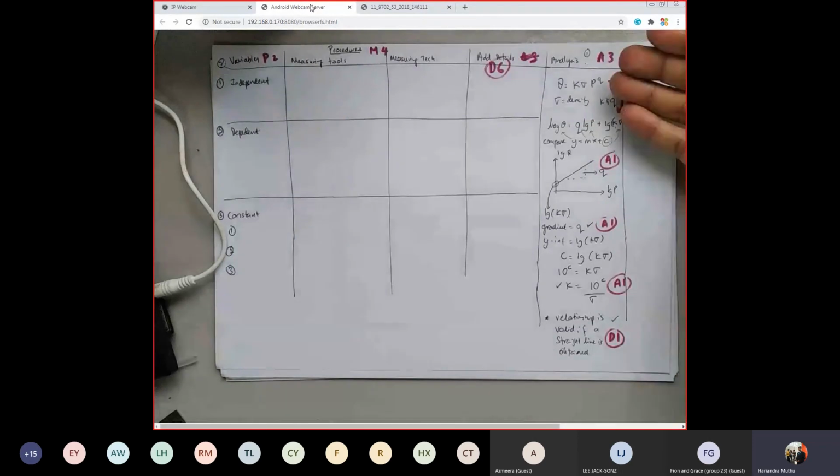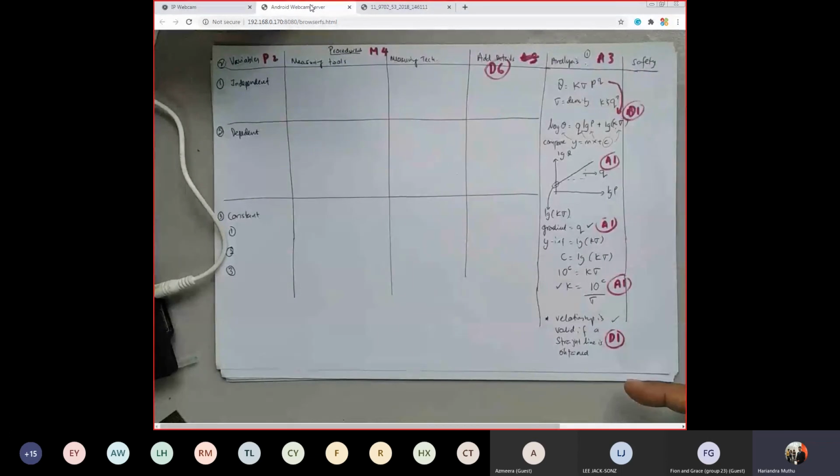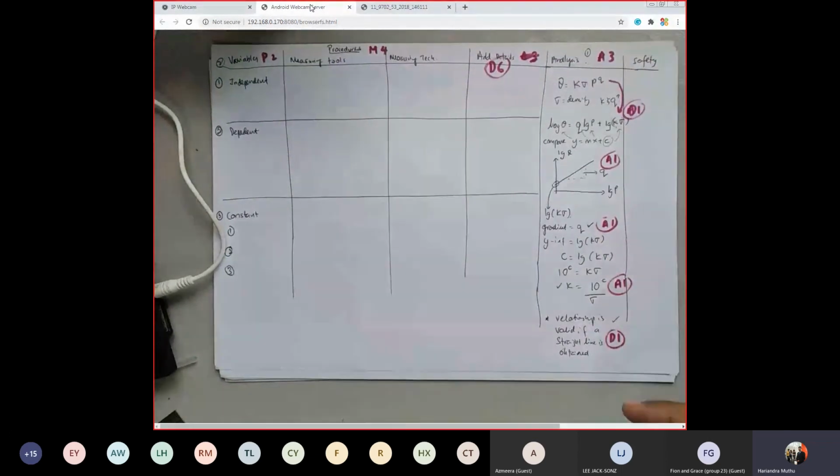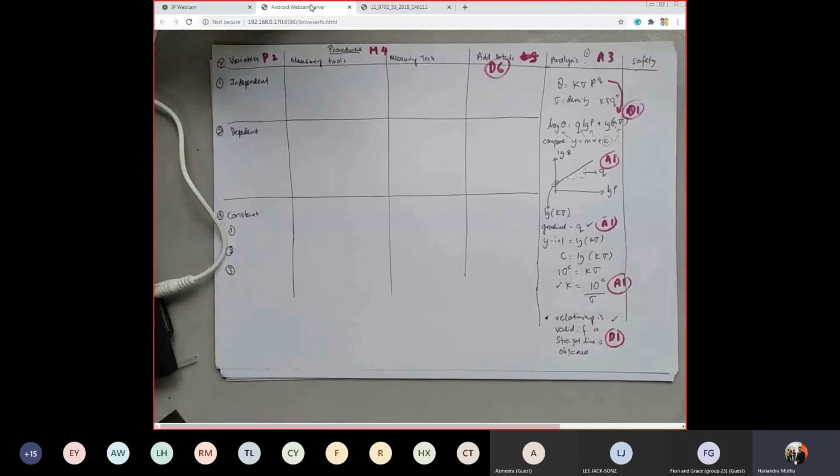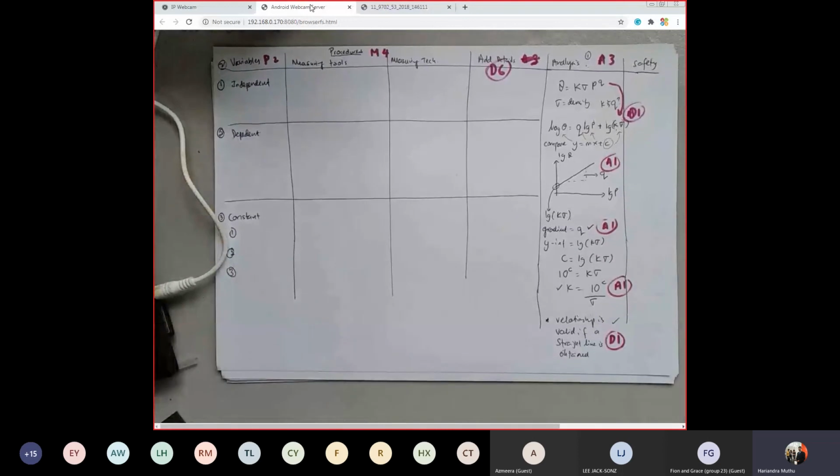So what you're doing is that sequence. You are writing the mathematical proving and also trying to show the relationship between one physical quantity to the other. In this case, is the independent and dependent. Then only you can come up with the procedures, variables, and whatever not. So that is how you approach this particular question.